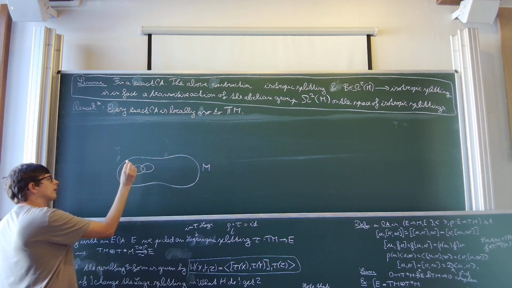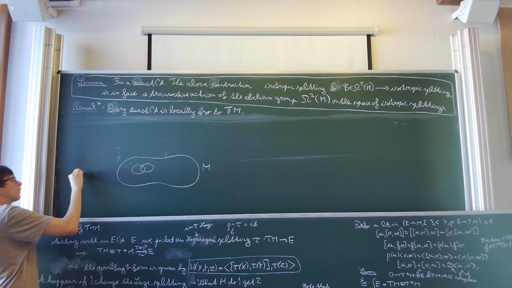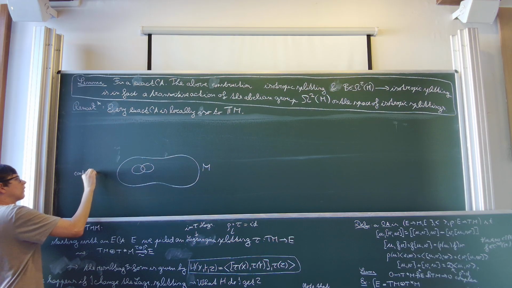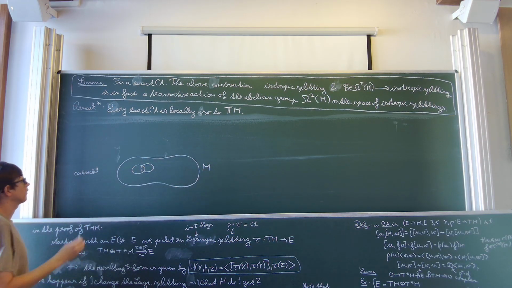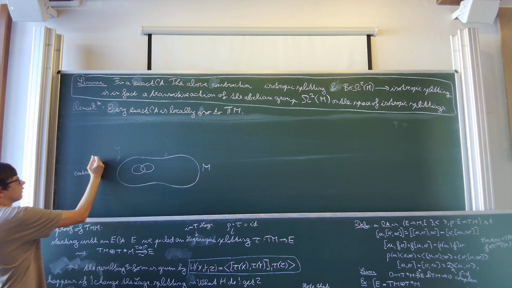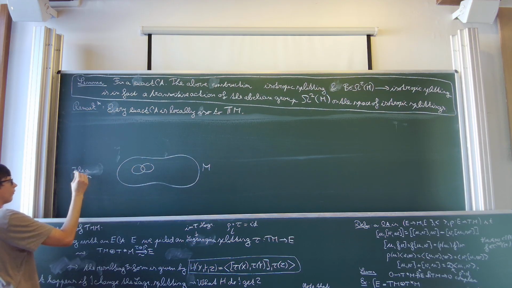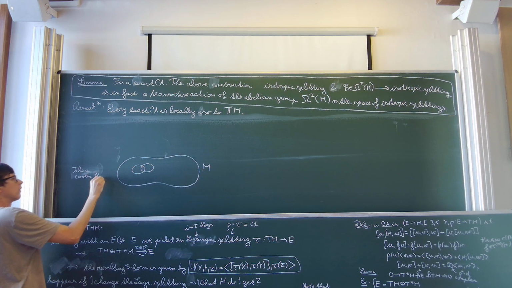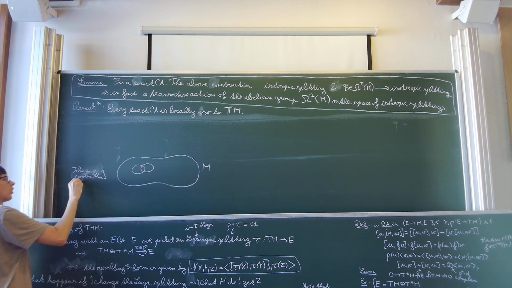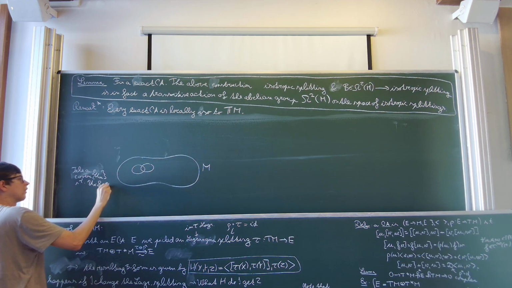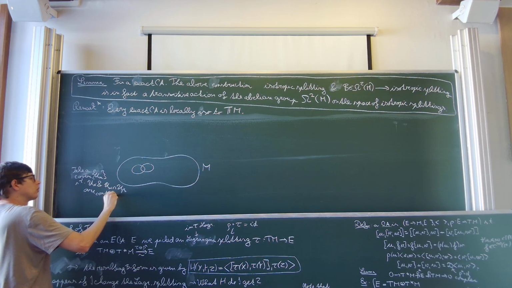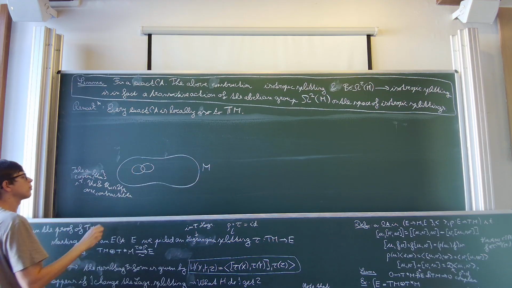So I take a cover U alpha such that the U alpha and their intersections are contractible.